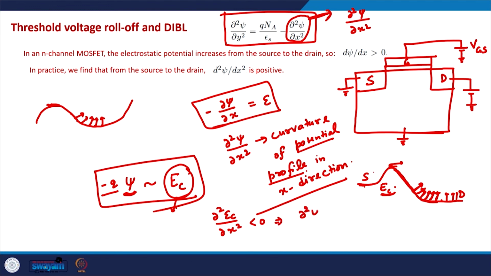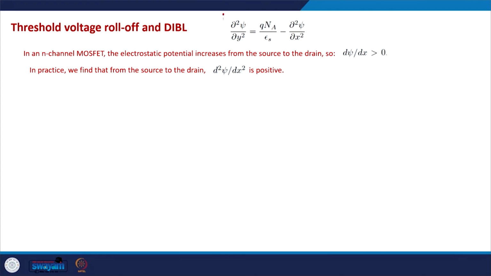which means del 2 psi by del x square will be a positive number, because they are negatively related to each other. So that's the key point here, that in a MOSFET, del 2 psi by del x square is a positive quantity, and the 2D Poisson equation looks like this.